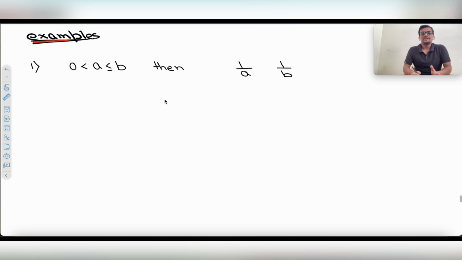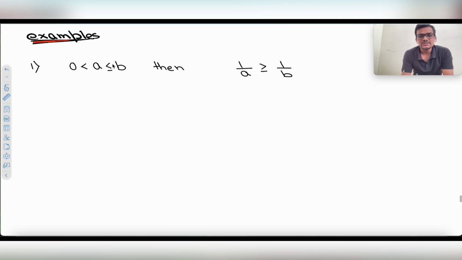So see, actually what we are doing is taking the reciprocal. And reciprocal is a decreasing function in the positive domain. Means if the numbers are positive, then it is a strictly decreasing function. So because here it is less than equal to, because of decreasing it becomes greater than equal to after reciprocal. Hope you understood.